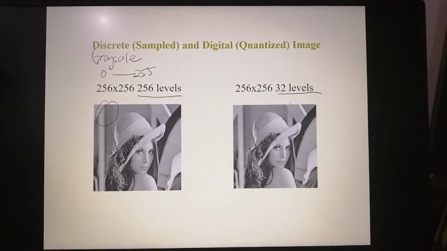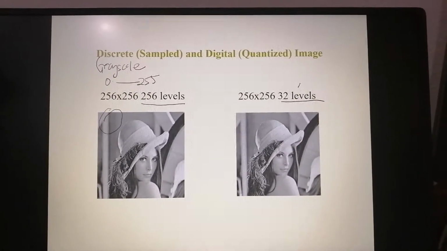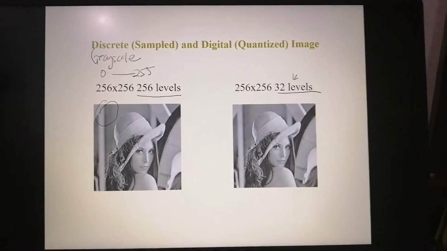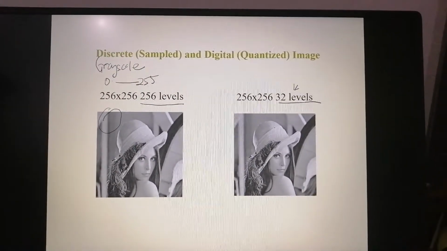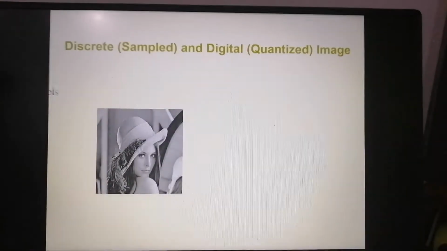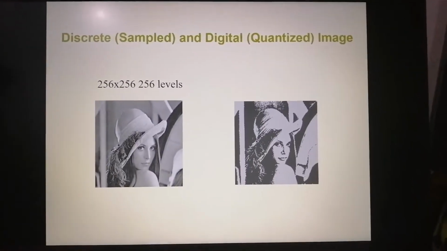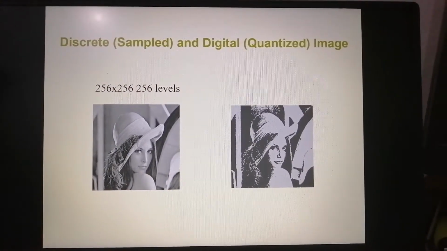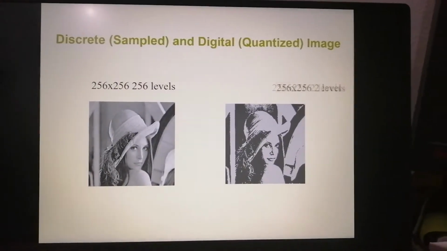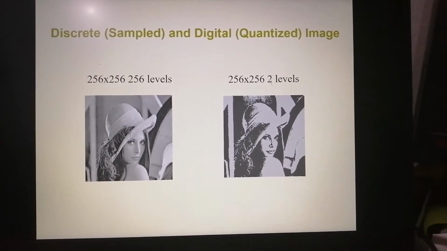Okay, now what if we reduce further? This level kita reduce further, you rasa akan jadi lebih clear ke? Okay, so kita tengok if we reduce this further, 256 to 256, you see that we can still see the image, but it's not as clear as the previous image, because level dia dah jadi 2 levels only.